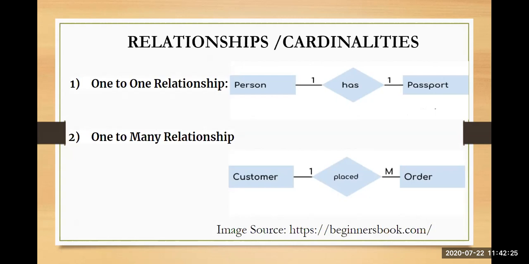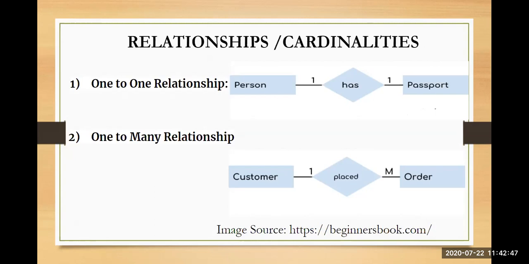At times, relationships are also called cardinalities. Relationship and cardinalities are the same because they represent the association between two entities. When we talk about relationship types, the very first type is the one-to-one relationship.